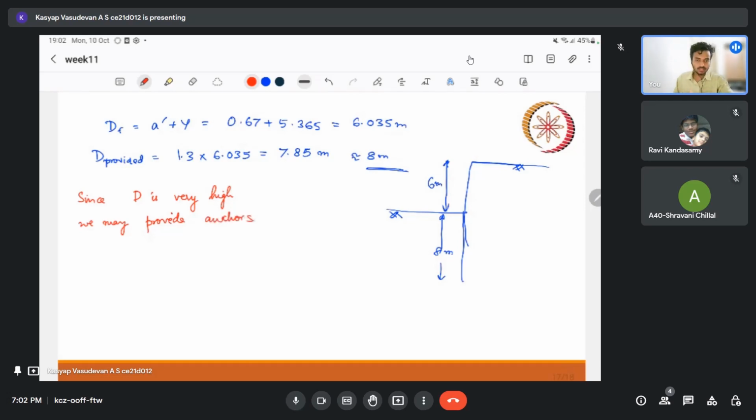So an anchor is nothing but the same thing. I can draw it as, so this is 6 meter. We can provide an anchor within the backfill, and that will provide some resistance, so that our lateral pressures are reduced and resisted properly. So that comes under anchored sheet piles.